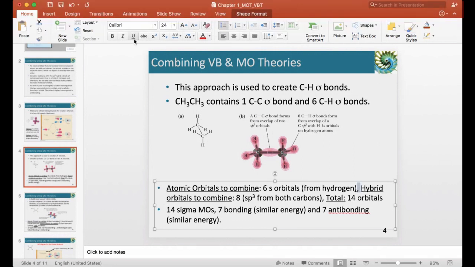Then I'm going to look for how many hybrid orbitals, so I have 2 carbons. Each carbon has 4 sp3 hybrid orbitals. That's a total of 8 hybrid orbitals, sp3, from both carbons. So if we add the s and the sp3, that makes a total of 14 orbitals.